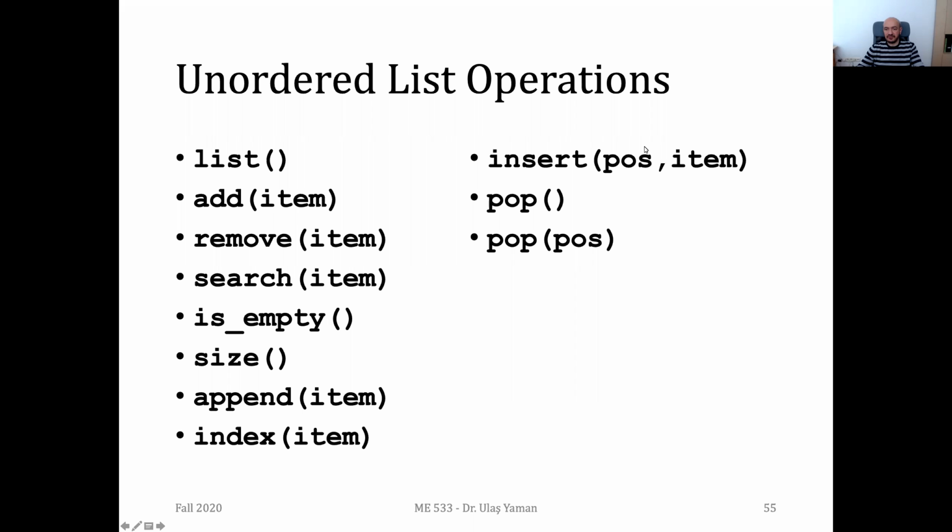You need to define the position, the index of adding a specific item. And this is the index, and obviously with the item, you give the value. In the pop operation, you simply remove the topmost item from the data structure, or if you want to remove a specific item, a specific position index, you need to give this to the pop operation.